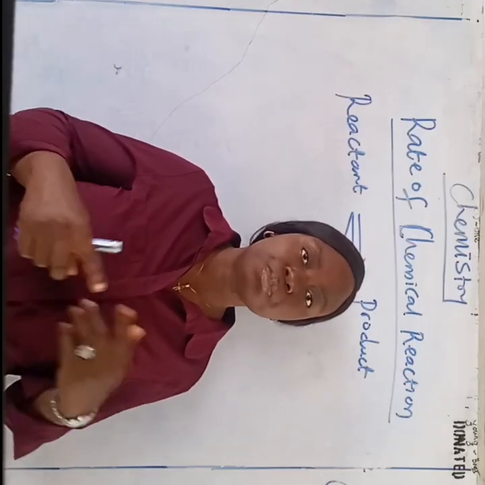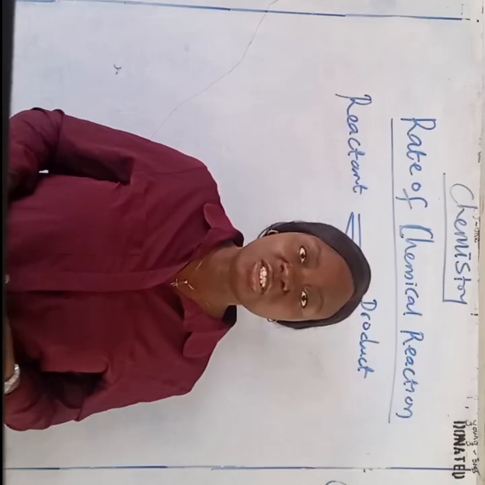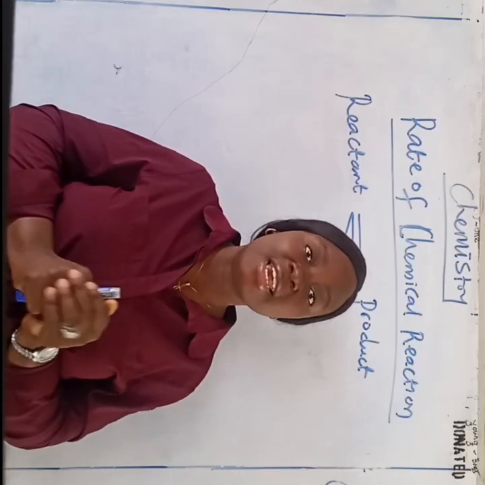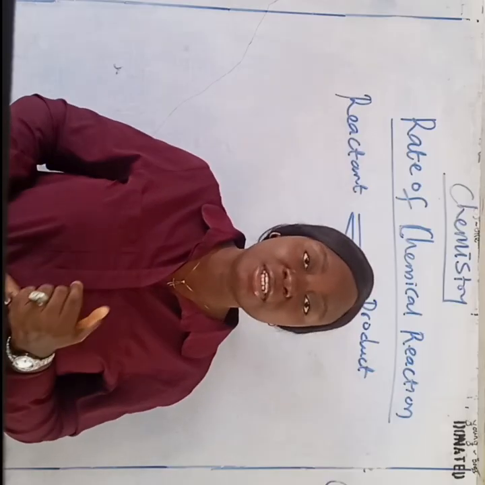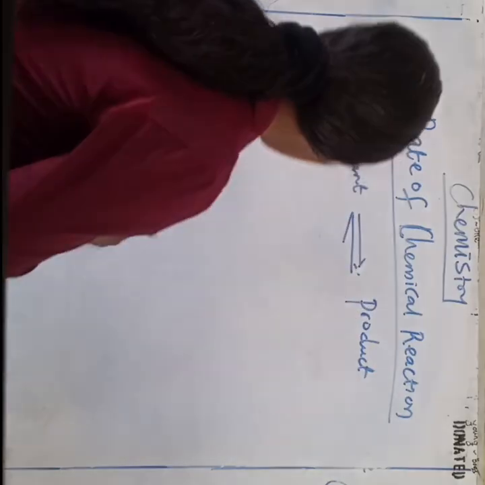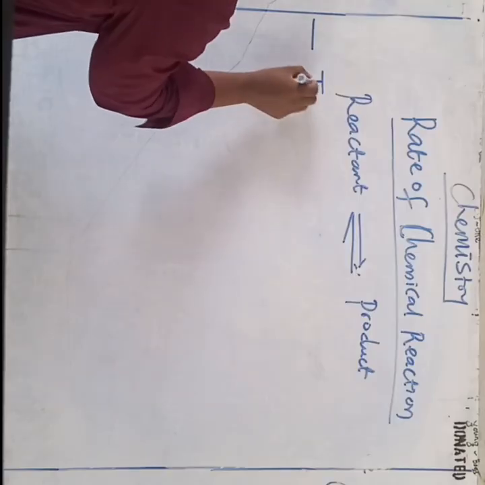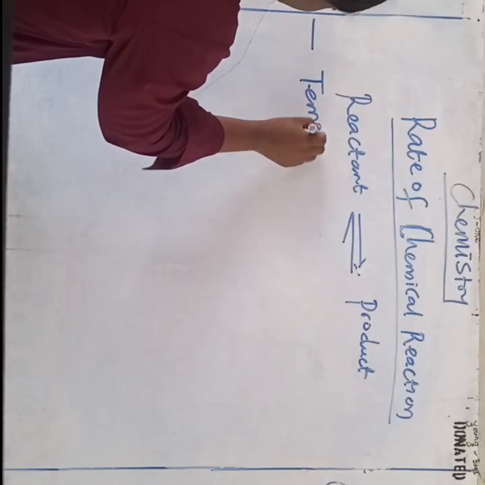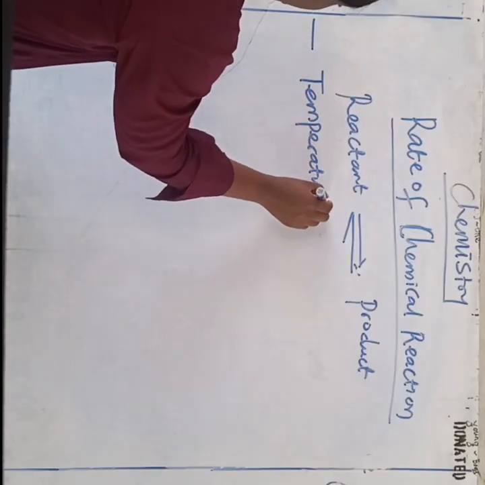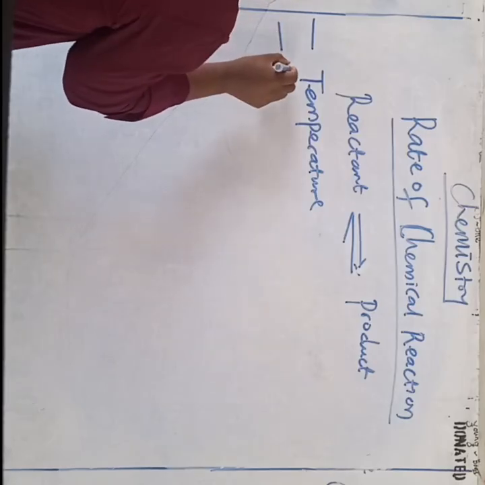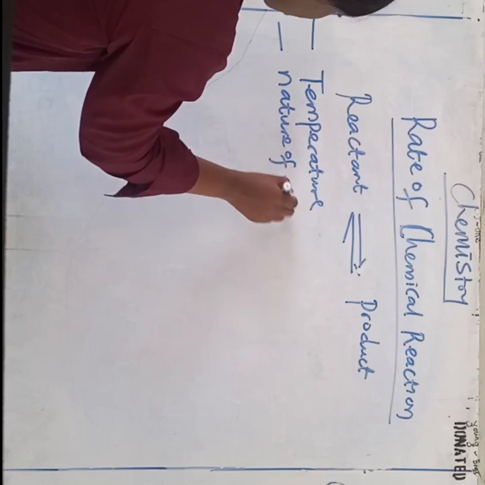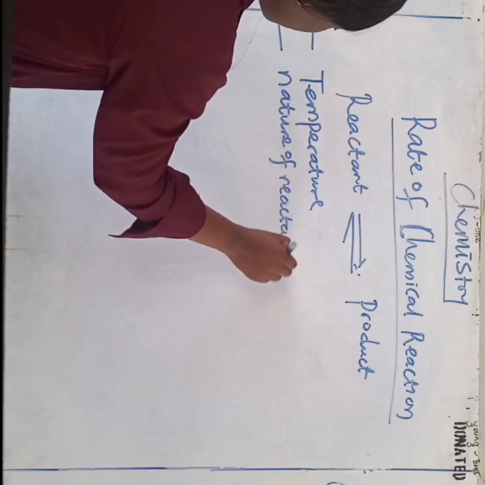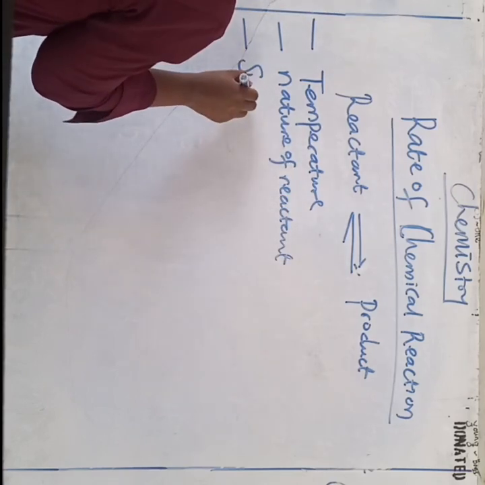There are some factors that actually affect a chemical reaction. A lot of things affect chemical reaction. The first thing is your temperature. Yes, we'll be taking them one after the other. We have the temperature. We have the nature of reactants. We have the surface area.